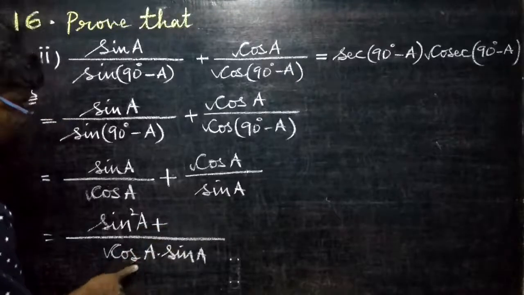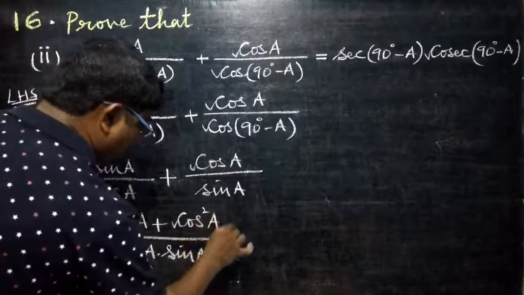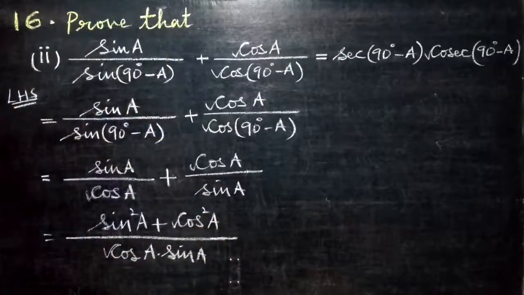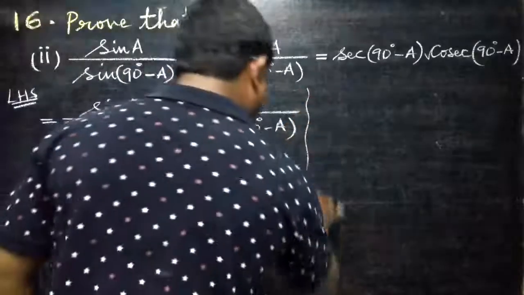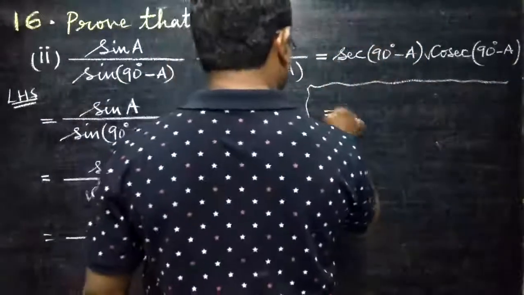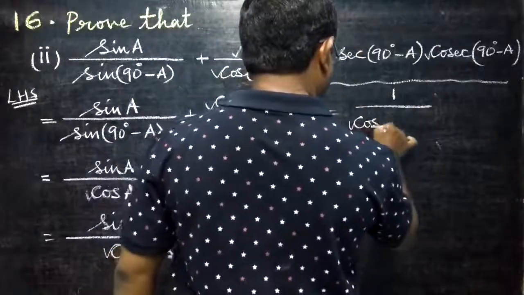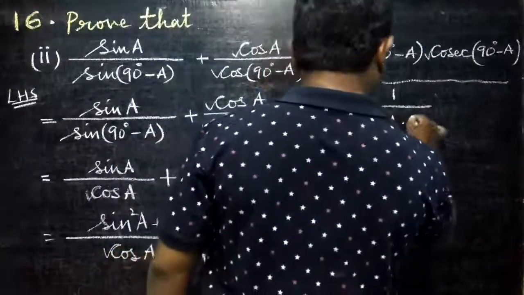Cos A times. Cos A into cos A is cos square A. Cos square A plus sin square A, how much? 1. We know this identity. So that is equal to 1 by cos A into sin A.